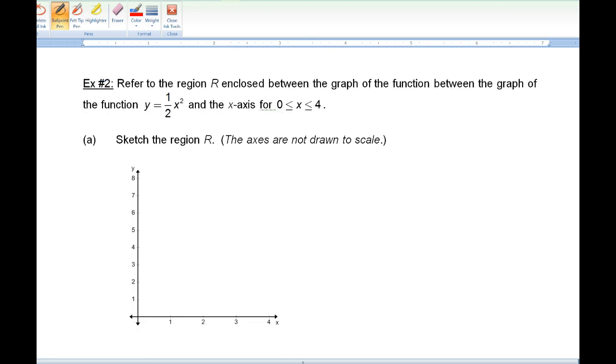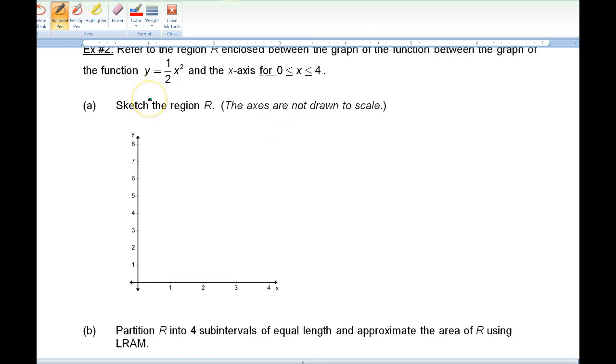So let's take a look at example 2. We want to refer to the region R enclosed between the graph of the function y equals 1/2 x squared and the x-axis from 0 to 4. The first thing we want to do is graph it. So let's start from 0. If we plug 0 in, we get 0. If we plug 1 in, we get 1/2.